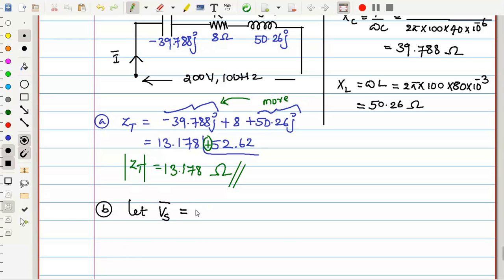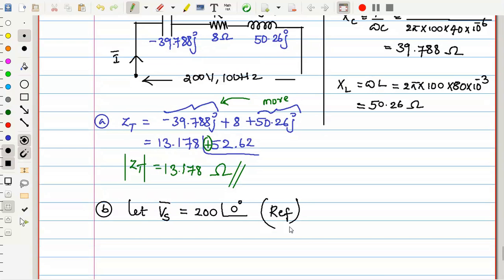Vs is 200 at an angle of 0. Reference in the sense that we consider the angle as 0. With respect to this, I will calculate every other parameter.